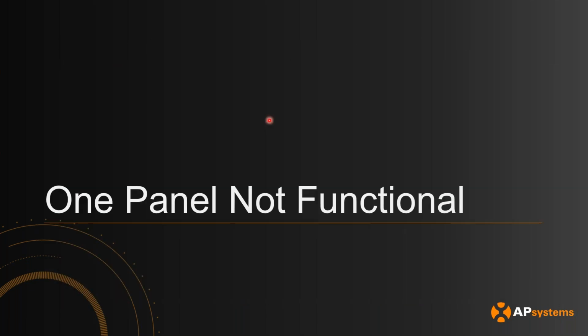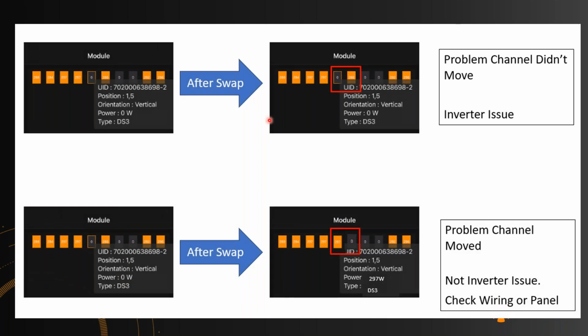By nature of multi-module microinverters, it is possible for a panel to go down, and it's often hard to determine if it's a panel issue or a microinverter issue. So the process that I'm going to describe is called a DC lead swap. What that does is confirm whether the issue is with the inverter or with the panel or the wiring.